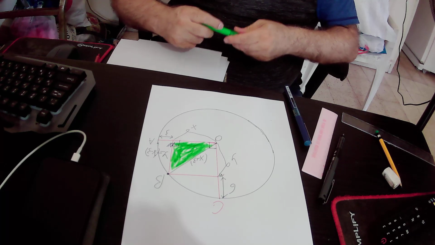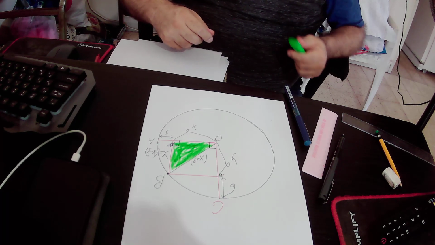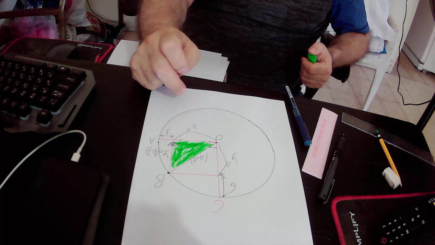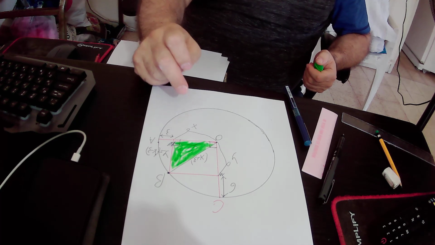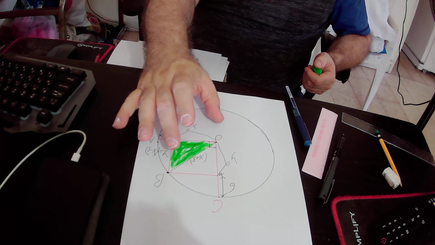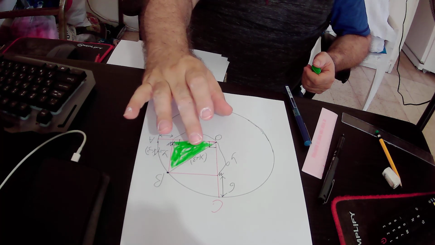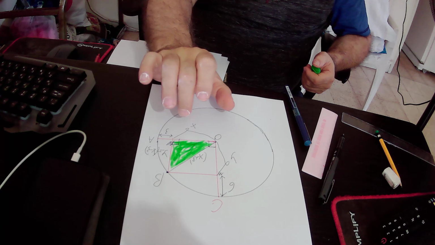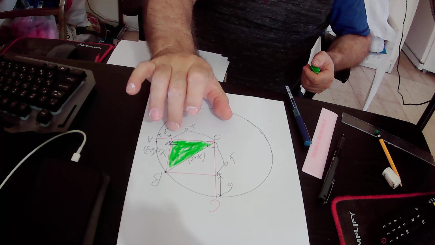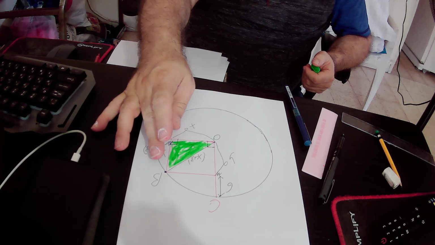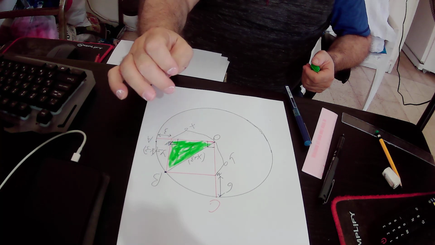we can use the Pythagorean theorem in order to find out the value of x. The hypotenuse of the right green triangle equals x plus 3. This side equals x, and this side equals x minus 3.